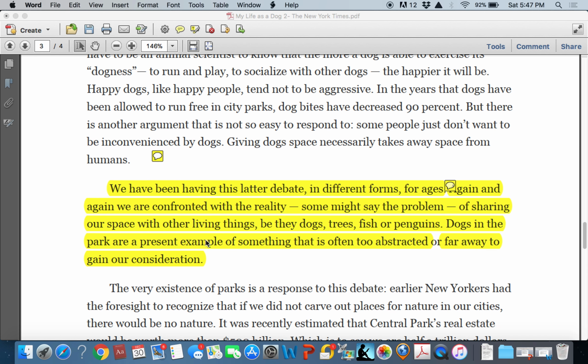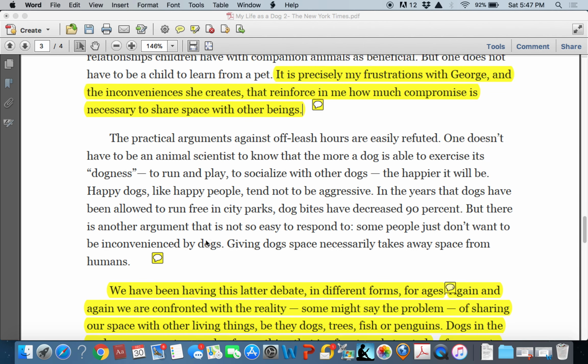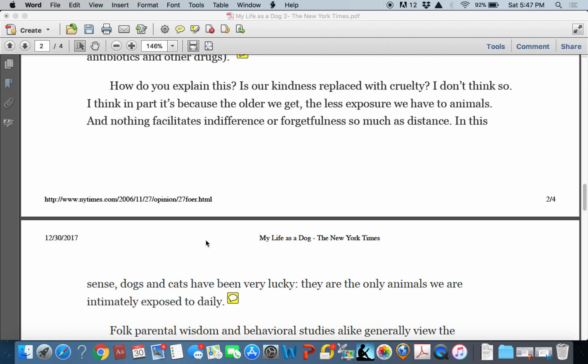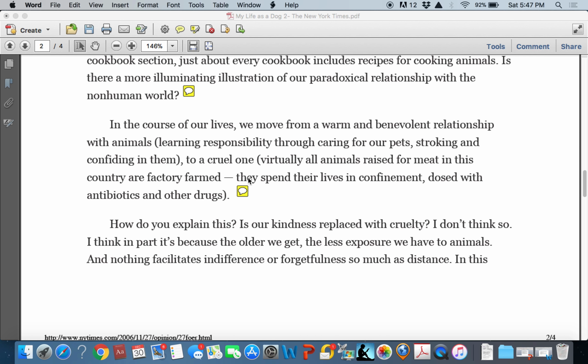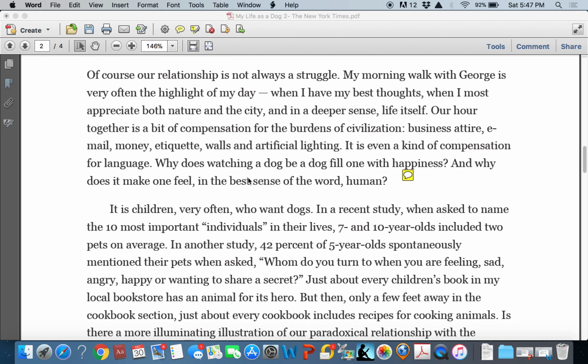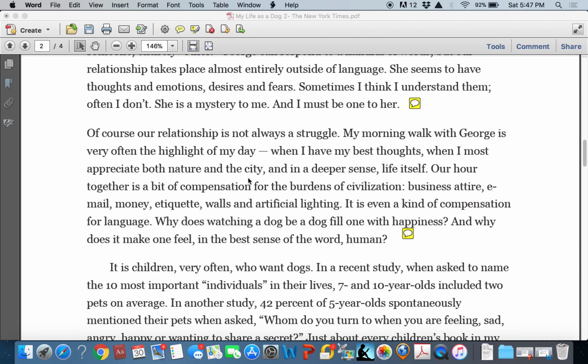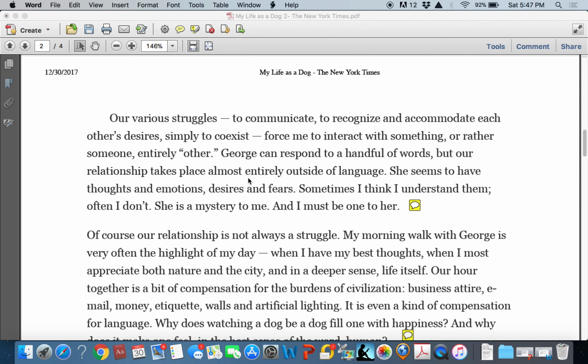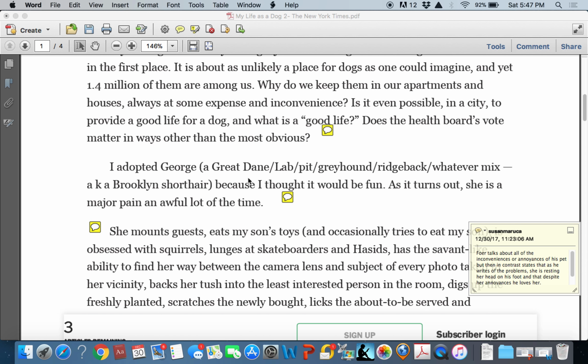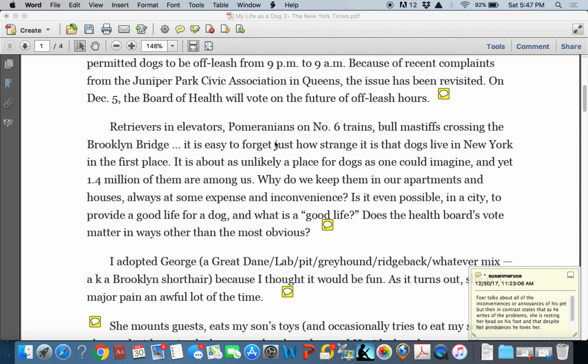And he talks, I think, about the idea of just being inconvenienced, the idea of animals being an annoyance or an inconvenience. And I think that's early in the essay. This idea of an inconvenience is a point of opposition.